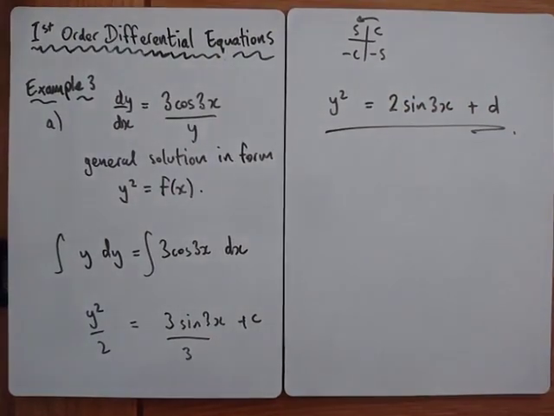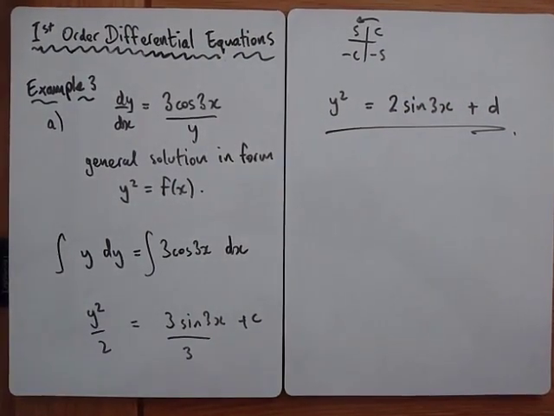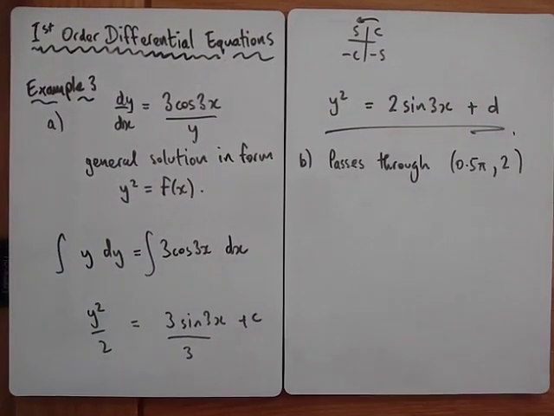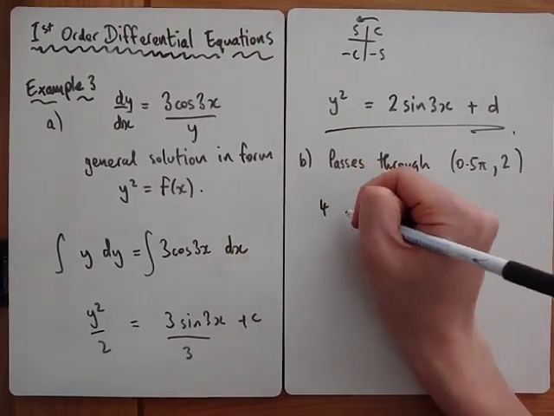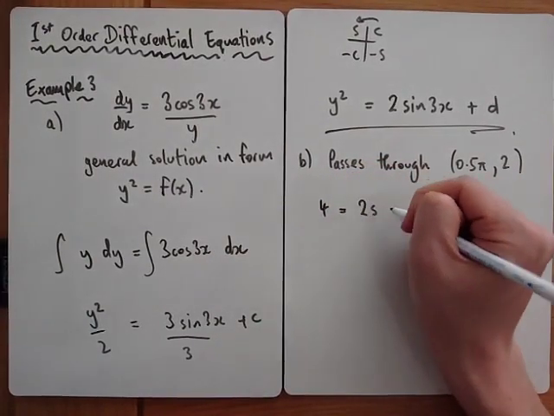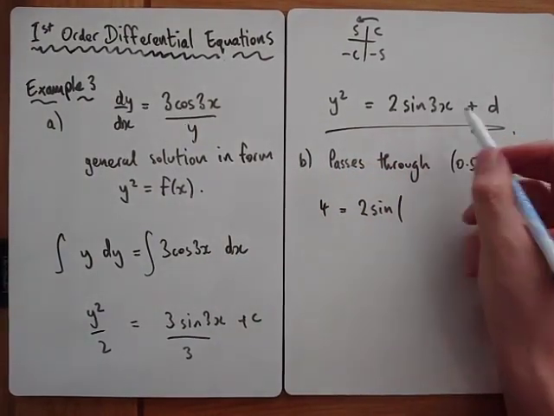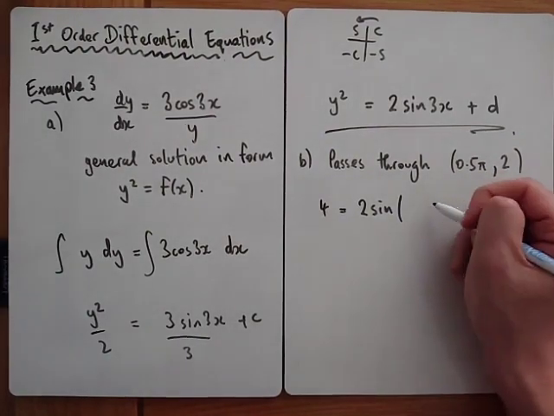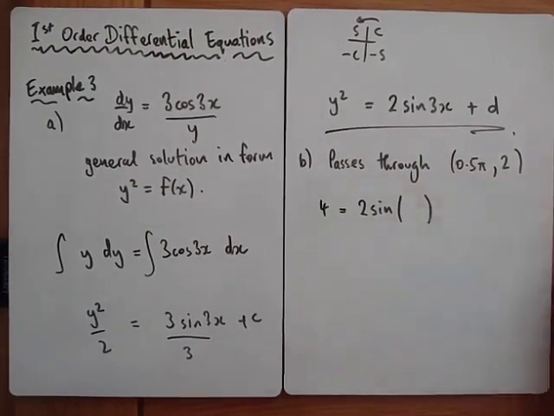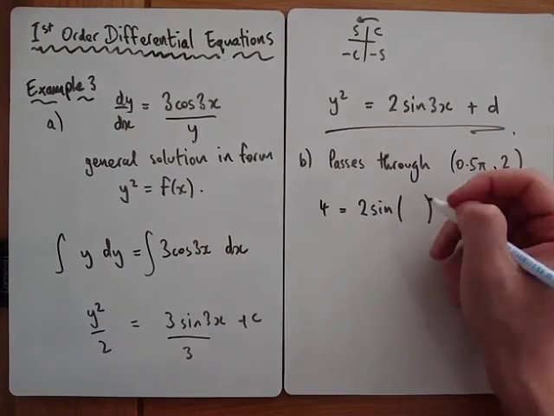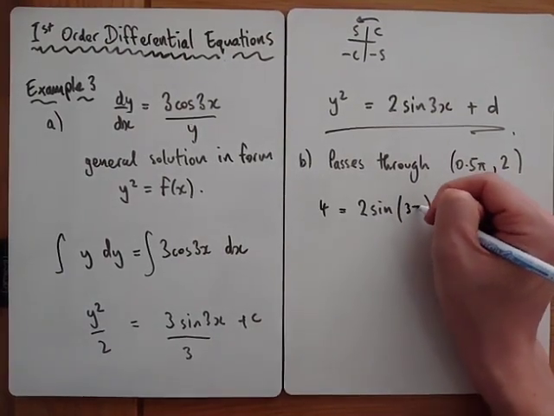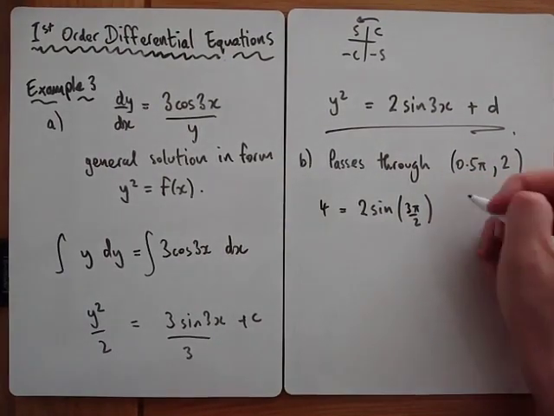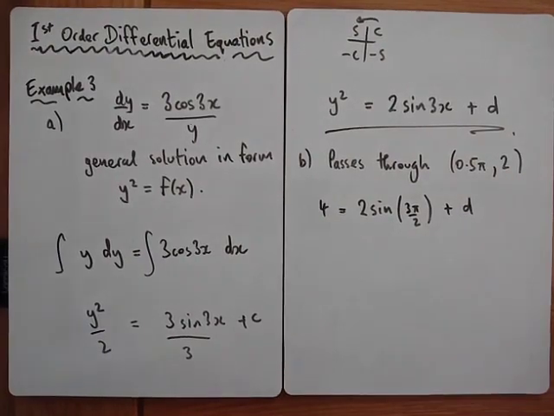Okay. And the point that we're given is 0.5 pi, 2. So when we substitute that in, we'd get 4 equals 2 sine 3 times 0.5 pi. Make sure you bracket your angle when you're doing this on your calculator if you need to. So that would be 3 times 0.5 pi, so that would be 3 pi over 2, plus this constant that we're trying to find.